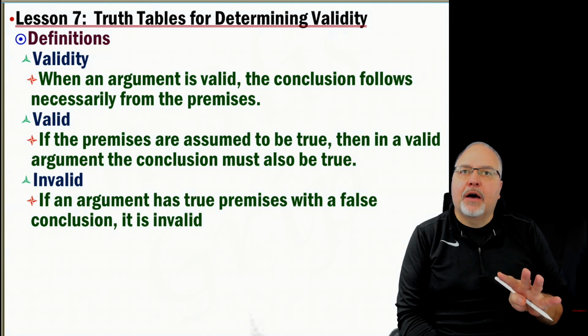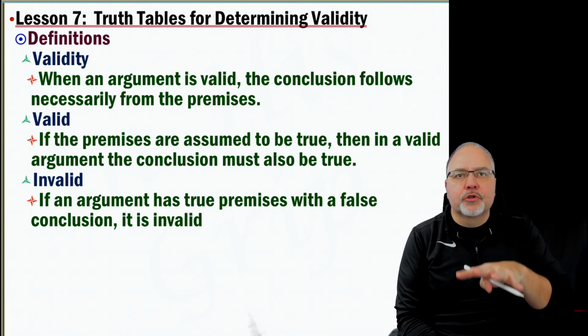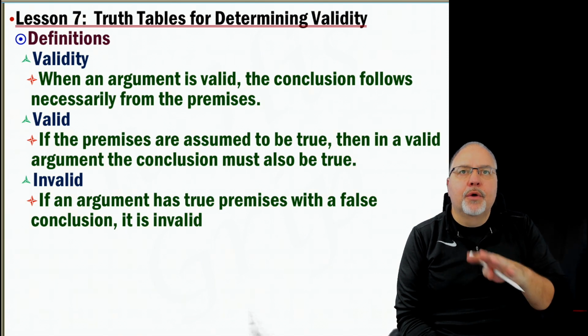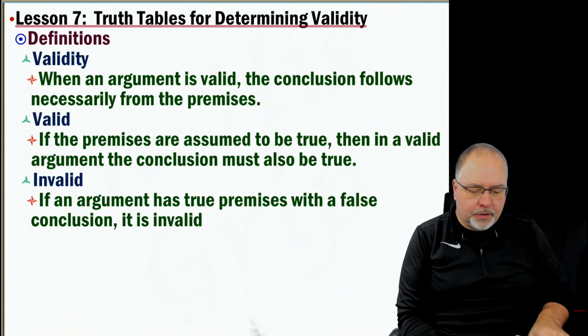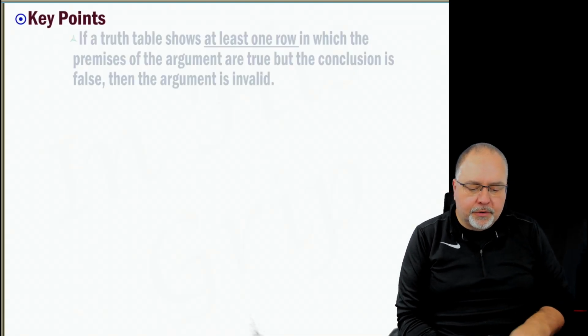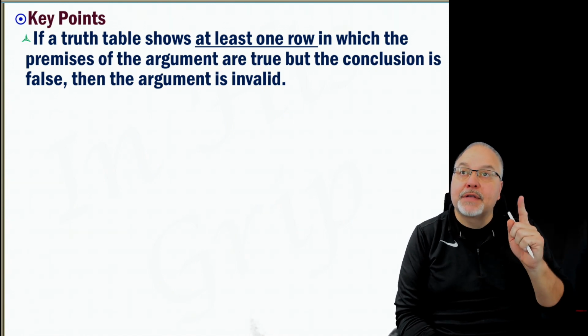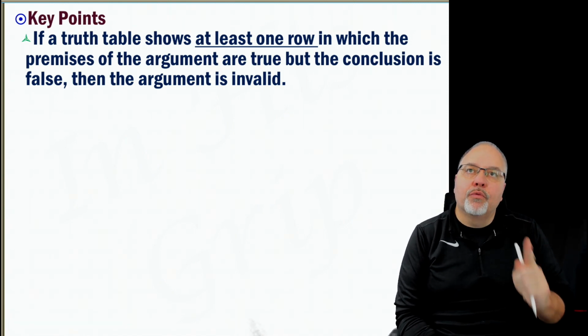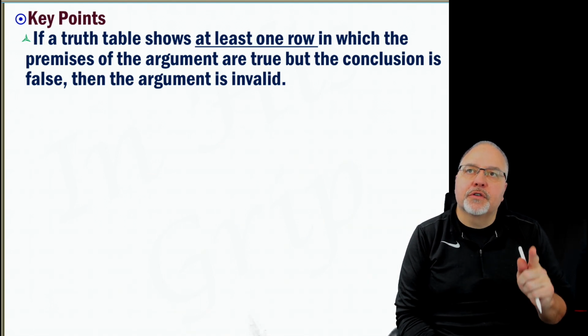Same thing with invalid, when the premises are true. So we're going to make a full truth table, but we're going to have to look at only the rows where the premises are true. Let me show this to you. So if a truth table shows at least one row in which the premises of the argument are true, but the conclusion is false, then the argument is invalid.